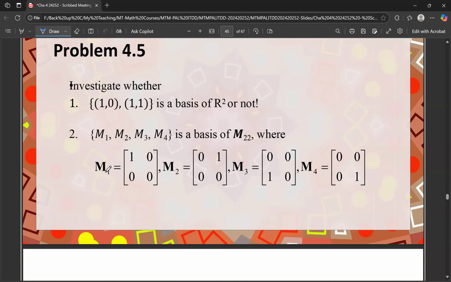For example, from the example we know that the set of (1, 0) and (0, 1) is a basis of R2. So in this problem now, we will prove that this set also a basis of R2.